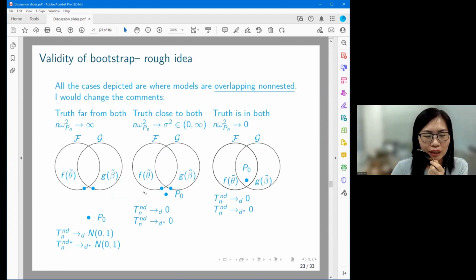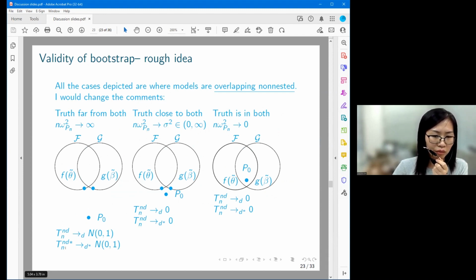So, all right, that is what the bootstrap is about. And this is the rough idea of why the bootstrap might be working, might have the validity that you want. This is the same picture as before. The first picture is when the true distribution is far from both models. Then in that case, both the test statistic and the bootstrap statistic are close to normal.